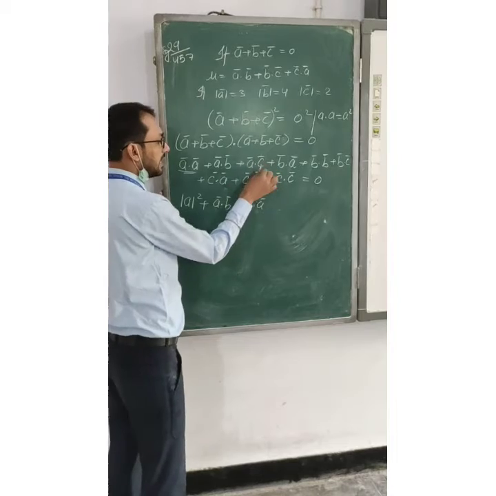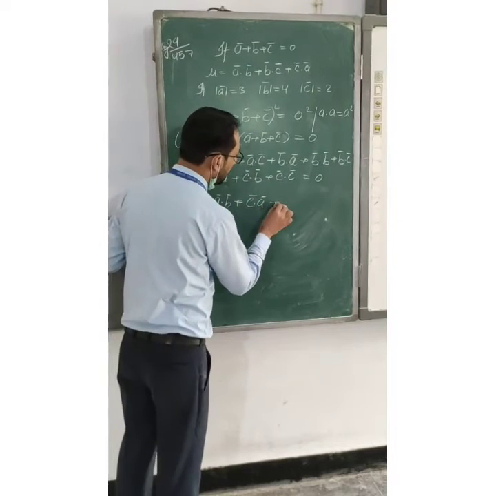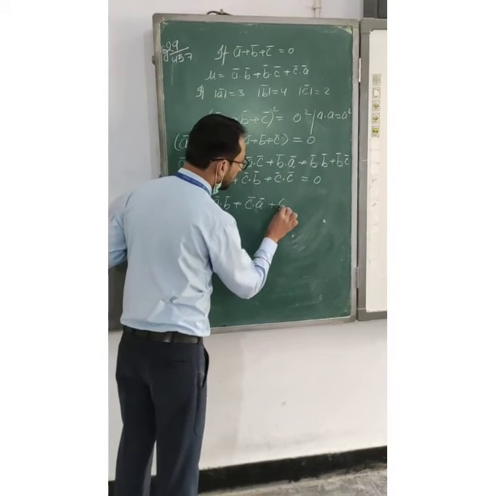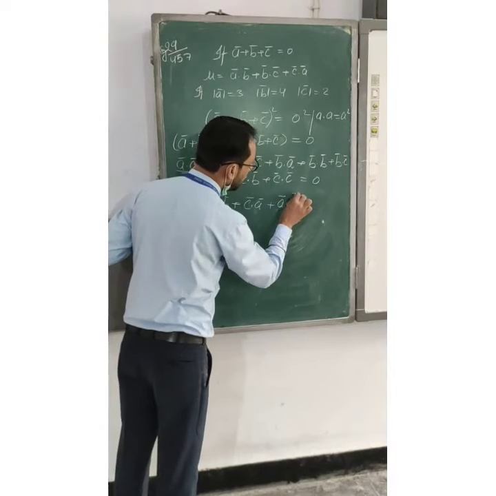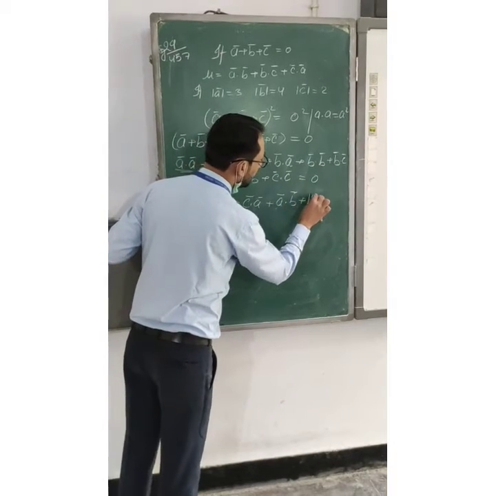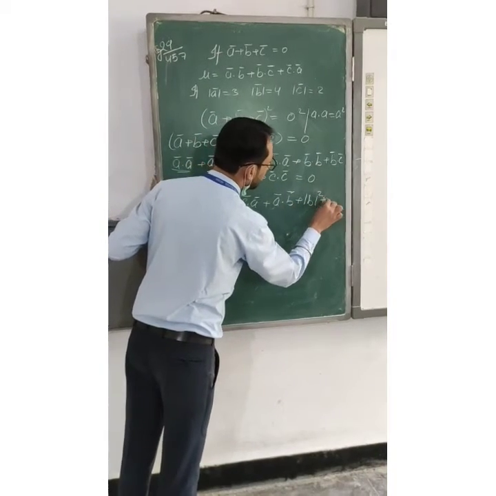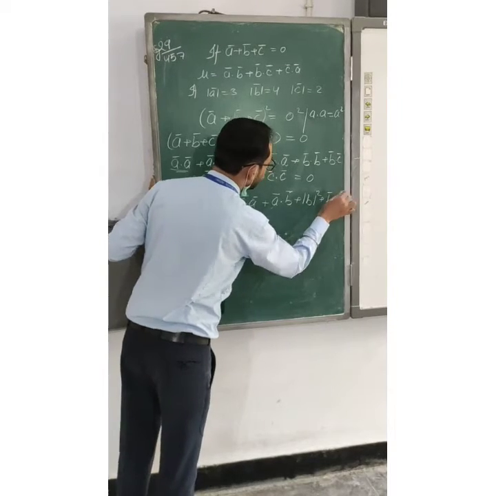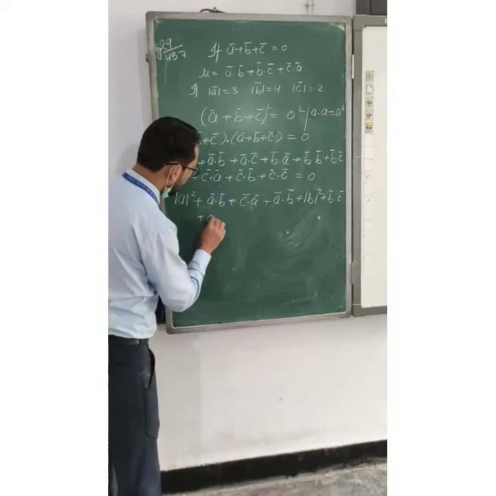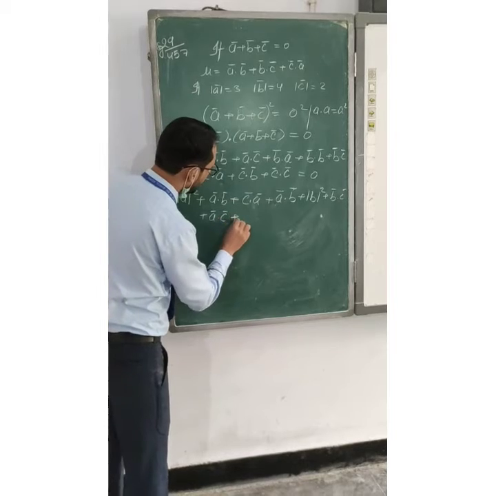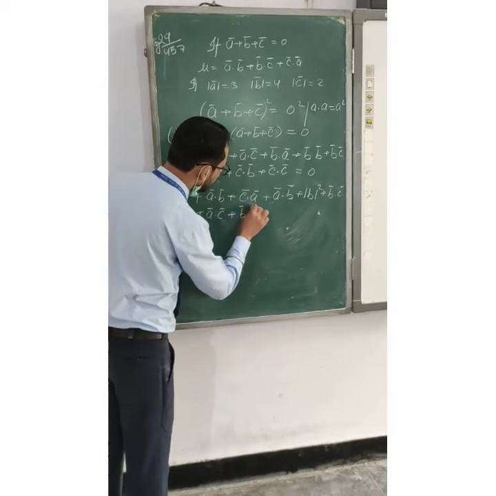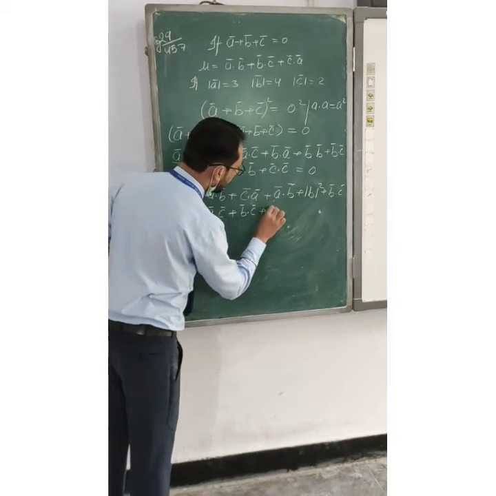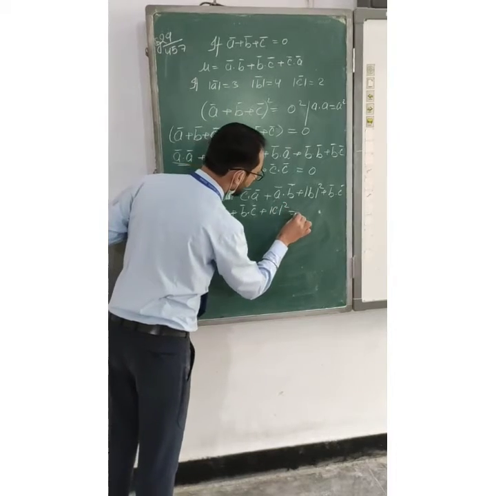So A dot C can also be written as C dot A, and B dot A can also be written as A dot B. B dot B can be written as mod B whole square, plus B dot C plus A dot C plus B dot C. C dot C can be written as mod C whole square, equals 0.